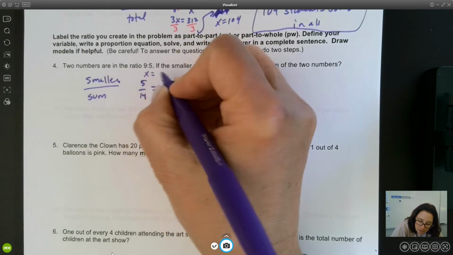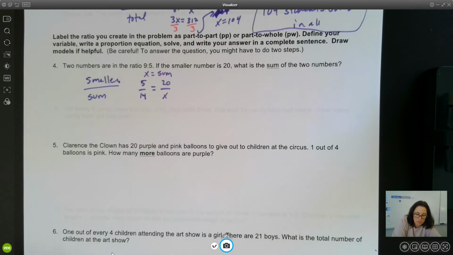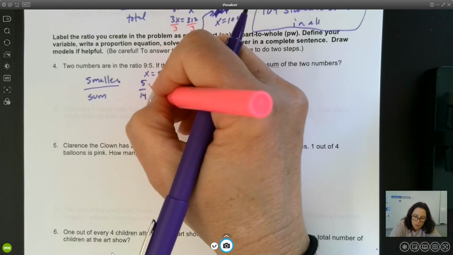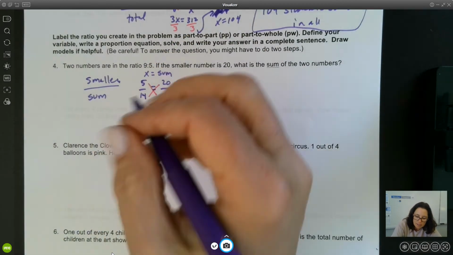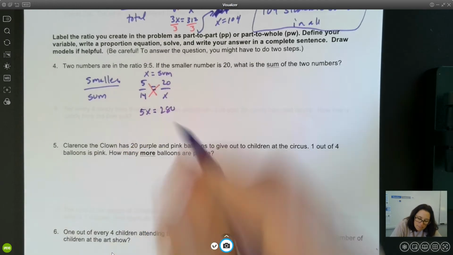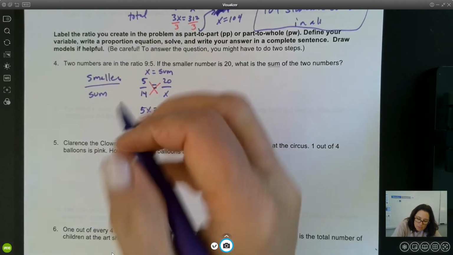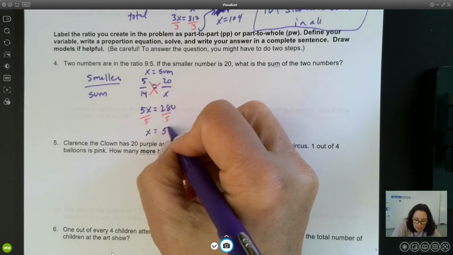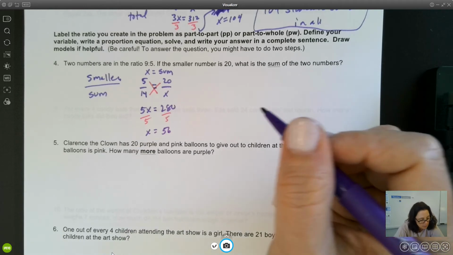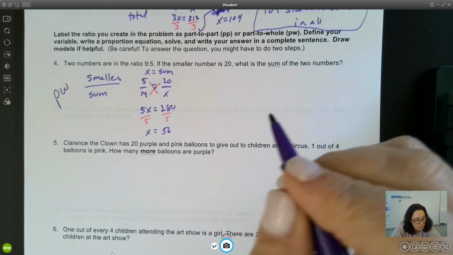So x in this case stands for the sum of the 2 numbers. Okay, so when you multiply, you get 5x equals 280. Divide by 5, and that comes out to be 56. Okay, this was done using a part to whole.